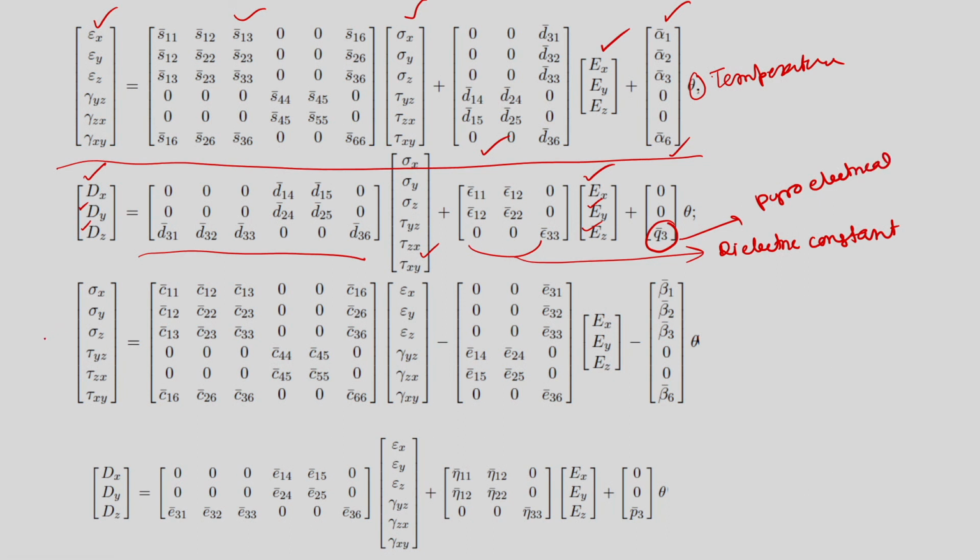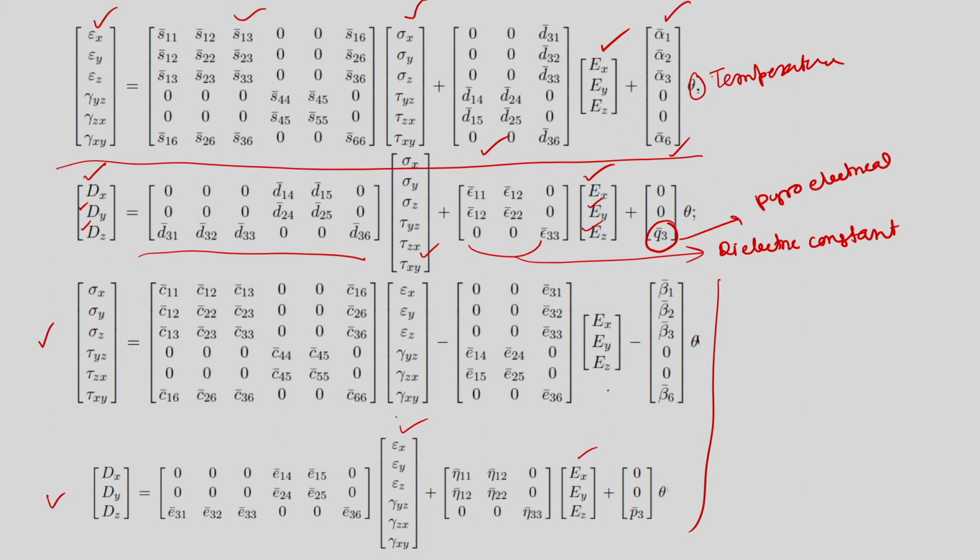Vice versa, if you want to know the stresses in terms of strains and electrical field, and the electrical displacement in terms of strains and electrical field, you can use these relations. Here the relation can be found, it will be S inverse, and some more terms will be there.